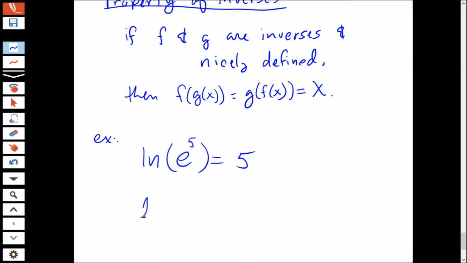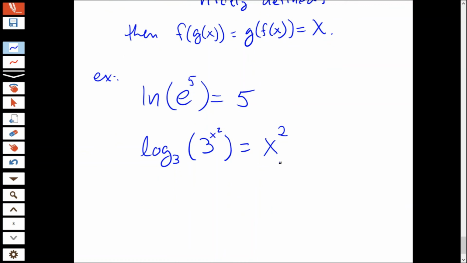How about log base 3 of 3 to the x squared? Well, whatever you plug in for x squared, you raise 3 to that power, then you say 3 to the what equals it, well, it's going to be equal to that power of x squared. And so these two things kind of undo each other.